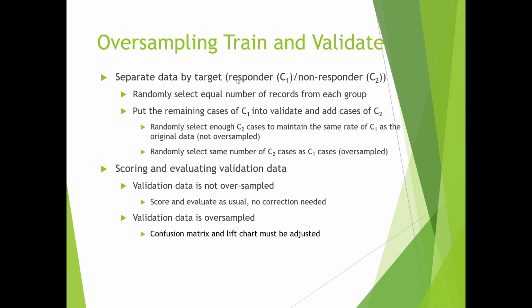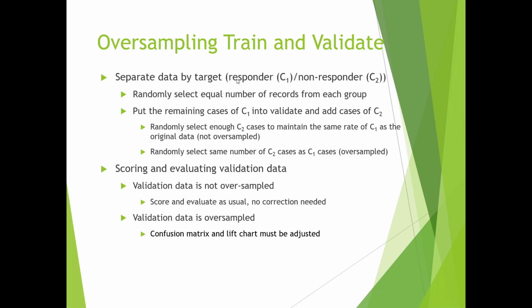Now, how do you sample the validation set? There are two approaches. You do the same thing in the validation set also. Put an equal number of non-events, so you get the same proportion as in training. But when you do that, you're oversampling the validation set also, and then you need to do some adjustments to the confusion matrix, otherwise it's not accurate.